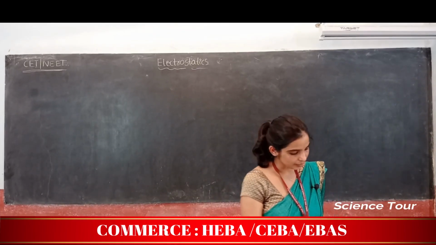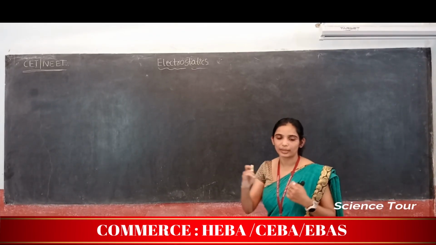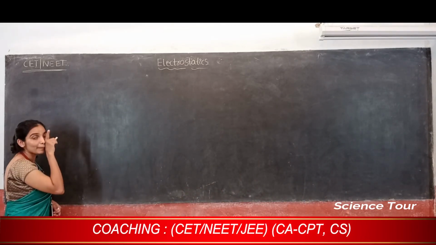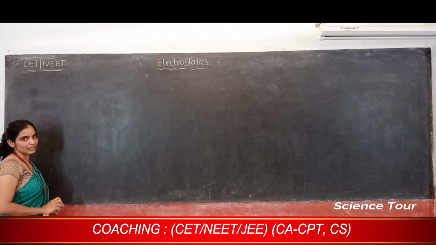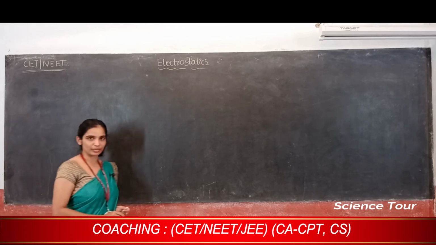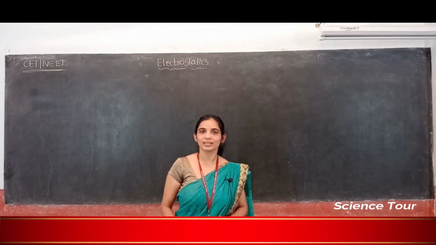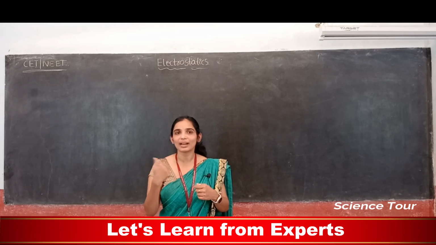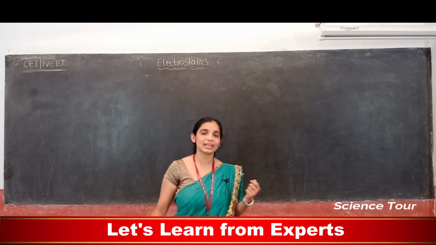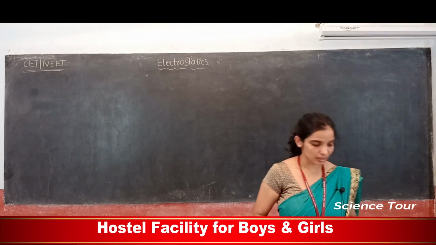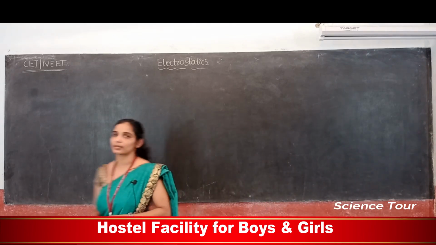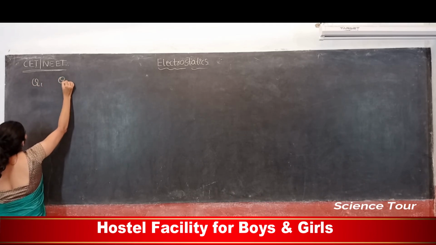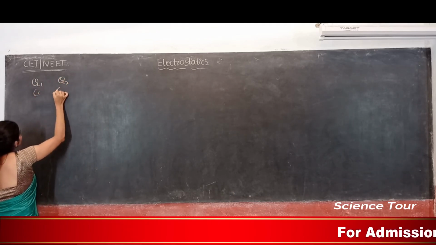Yes. Now let's say there are two charged bodies. One has charge q1, another has charge q2. They are connected to each other. Their capacitances are different, C1 and C2.